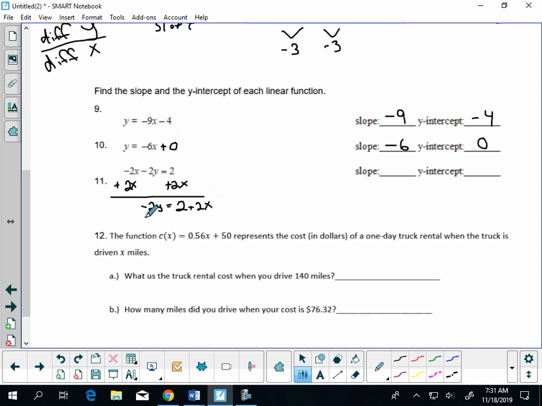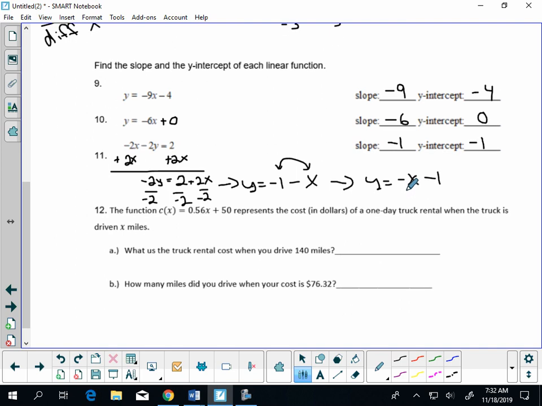Divide that by negative 2, and I get y equals negative 1 minus x. Well, I like my x's to come first, so that's going to be y equals negative x minus 1. All I did was switch my negative x and negative 1 around. So my slope is negative 1. My y-intercept is negative 1.